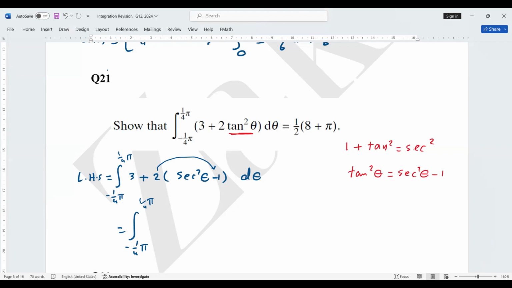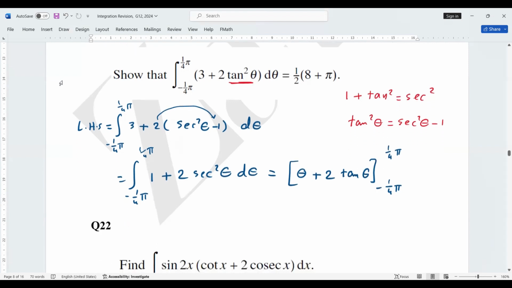Negative 2 plus 3, it's 1, plus 2 sec squared theta d theta. Integration of 1 with respect to theta is theta, plus integration of sec squared is tan. So it's 2 tan theta, and the limit from negative quarter pi to quarter pi.